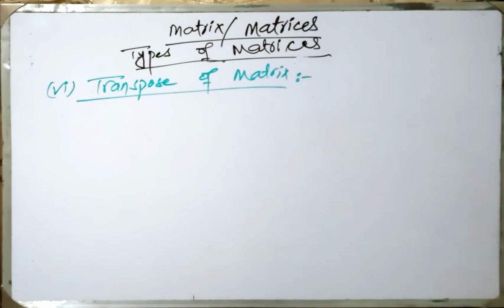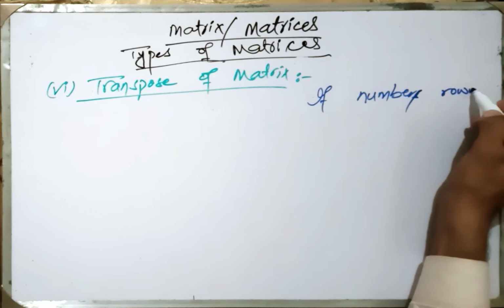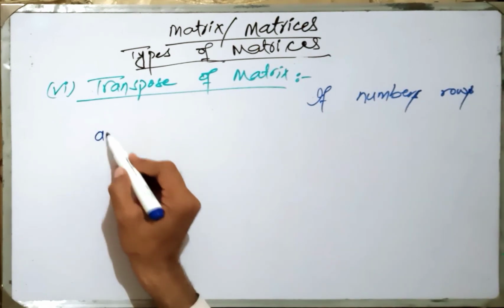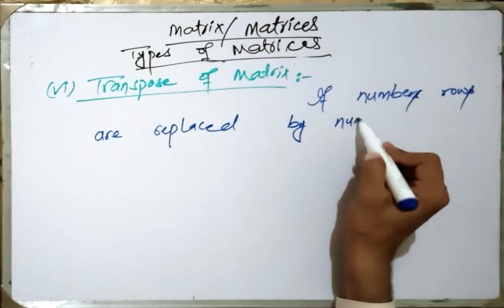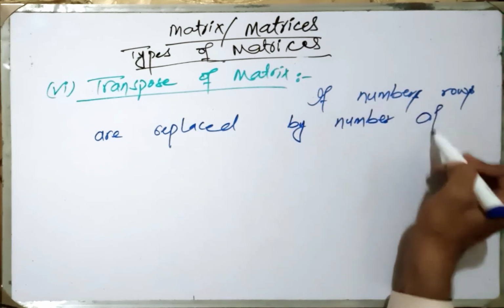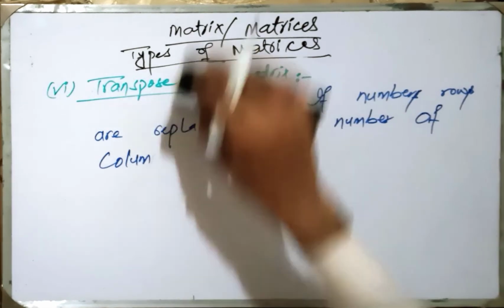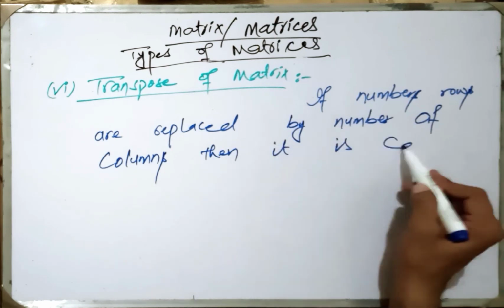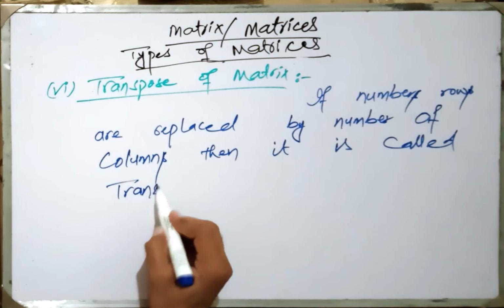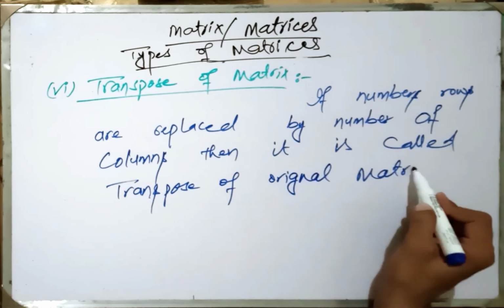Transpose of a matrix. If number of rows are replaced by number of columns, then it is called transpose of original matrix.